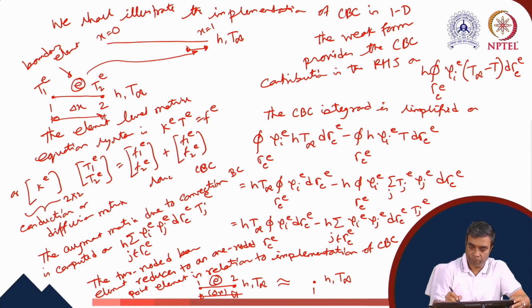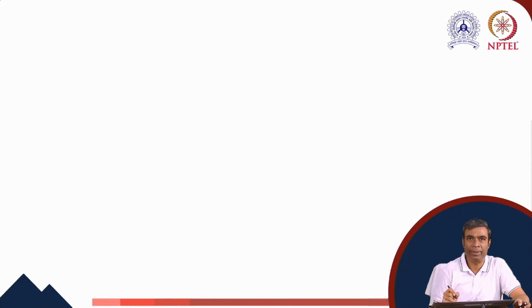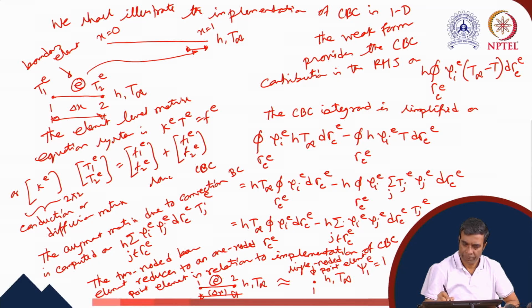So for this point element we have psi 1 e equals 1. So this is a single noded point element at the boundary. So in this expression for the augmented matrix, the integration symbol was missing.